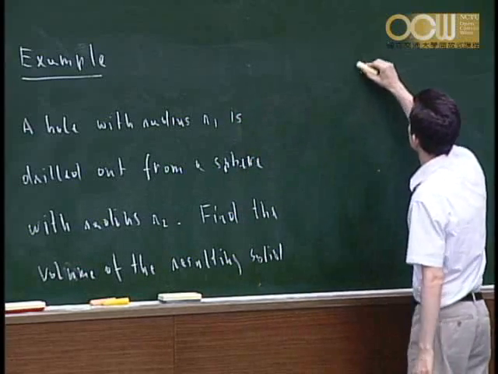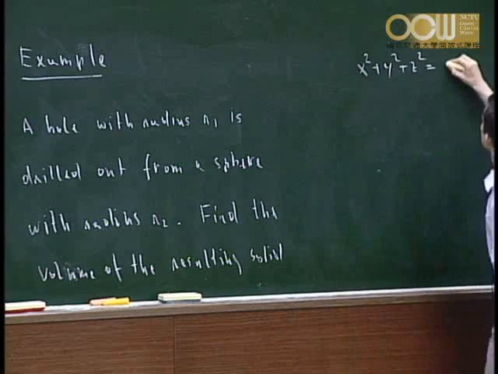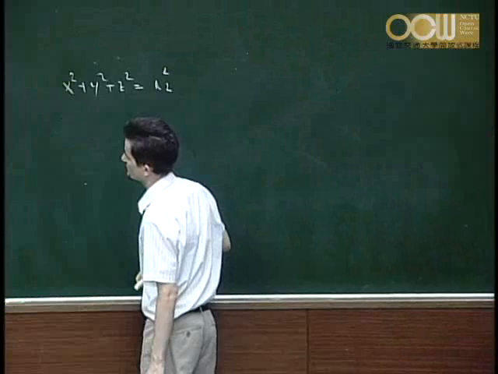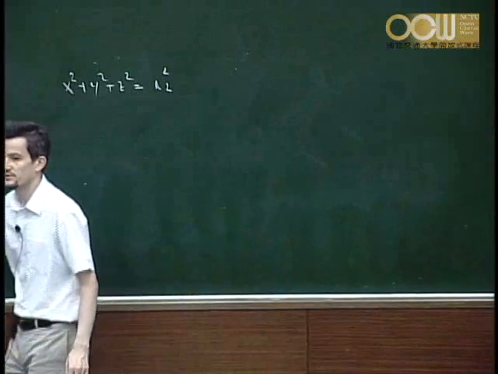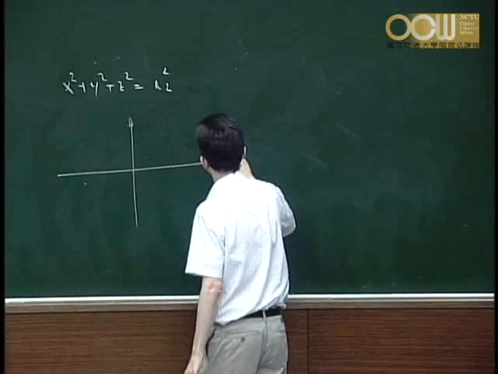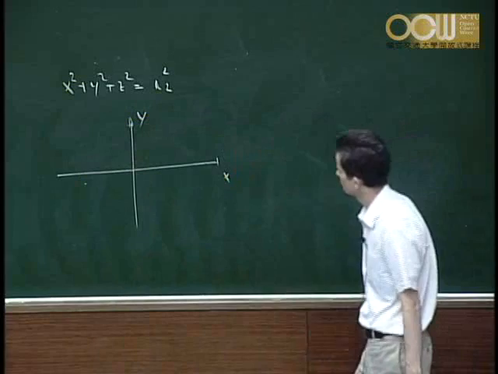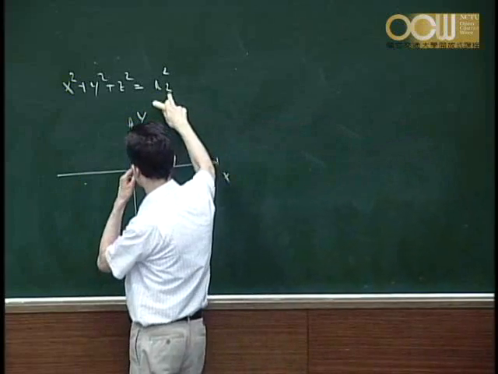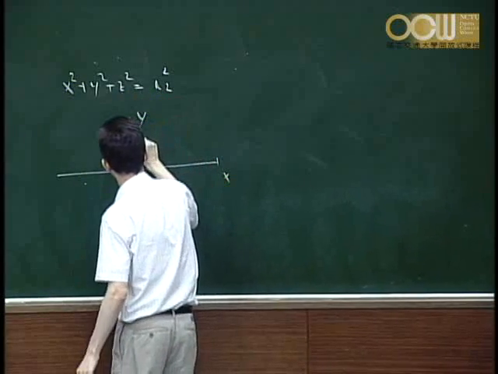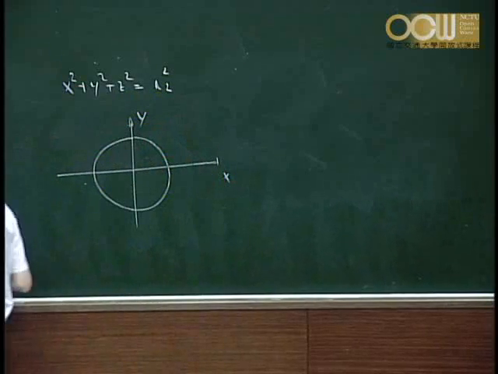So the sphere is given by x squared plus y squared plus z squared is equal to r2 squared. And I mean, this is not very precise, but if we project everything onto the xy plane, then because z is equal to 0, what you see from the sphere is just a circle with radius r2.